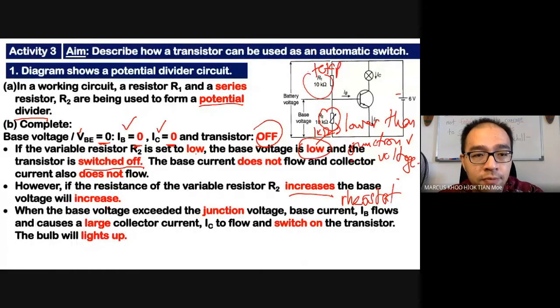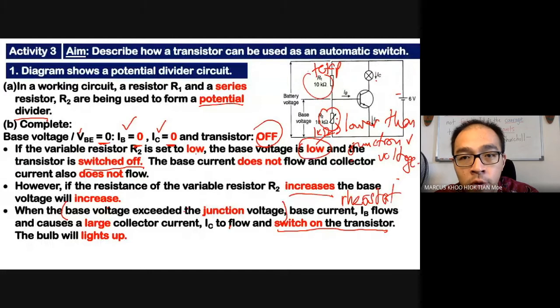When the base voltage exceeds the junction voltage, when the base voltage gets high enough so that it becomes bigger than the junction voltage, then there is going to be a current flow in the base, and that will cause the collector current to flow, and the transistor will be switched on. And if the transistor is switched on, there is current flowing over here, so this bulb will light up.